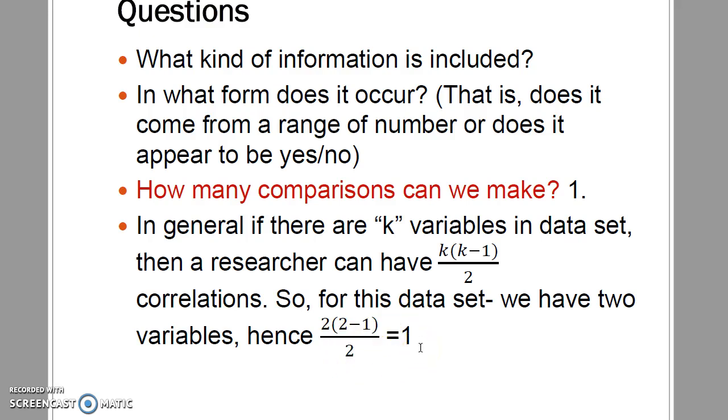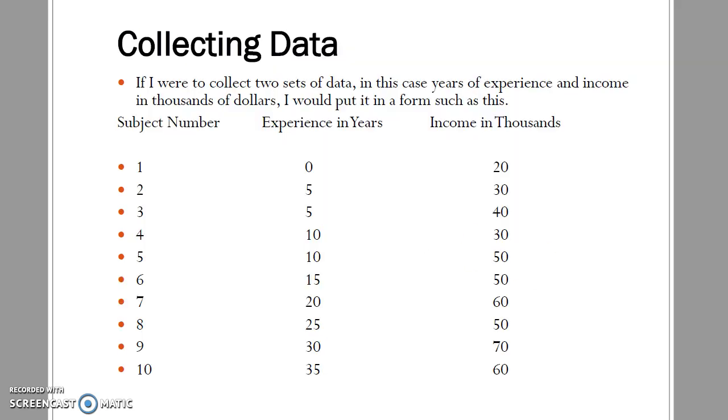So in this data set, I could only make one correlation. But if I have 3 variables, then it will be 3 times (3 minus 1), divided by 2, which is more than one correlation. So the number of variables determines how many correlations you can make.